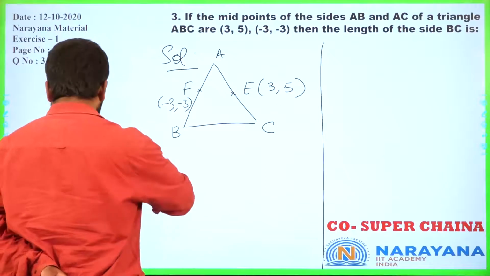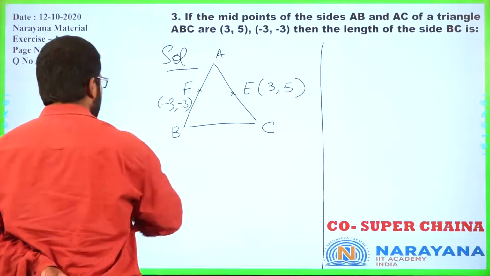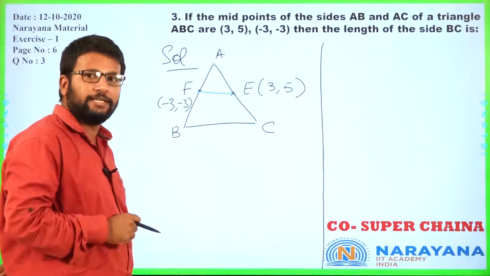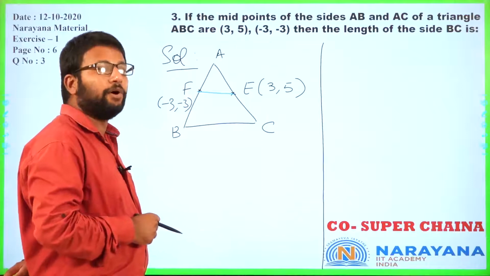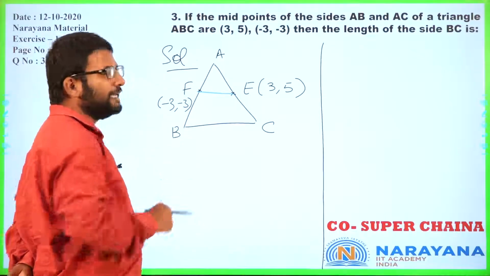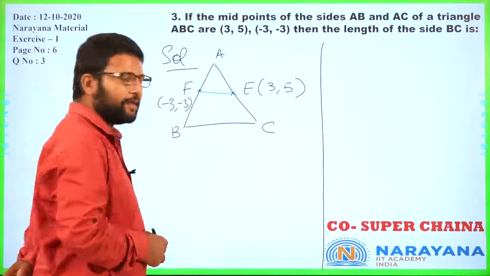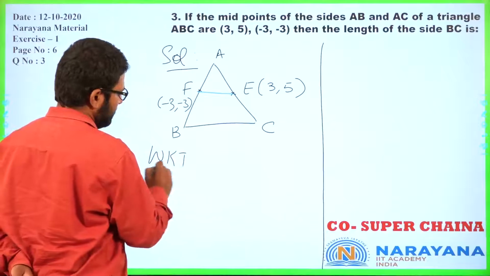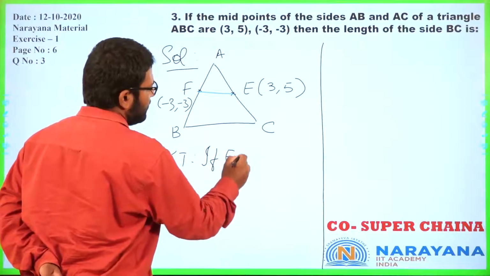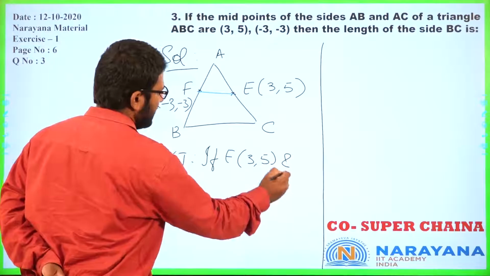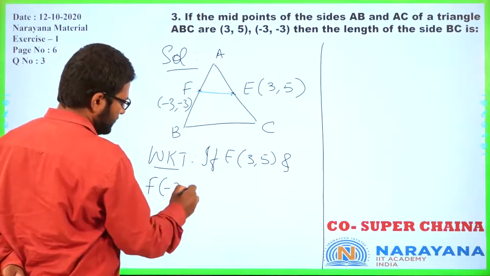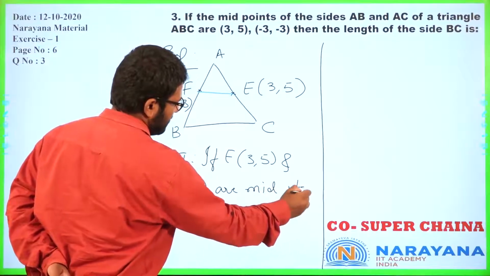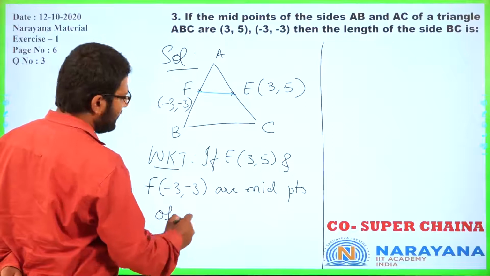So, do you recall that when you join midpoints of two sides, you get a line segment that is parallel to the third side? Do you recall this? And also that side BC would be exactly double of side EF, correct? So we know this from earlier classes. We know that if E (3, 5) and F (-3, -3) are midpoints of which sides?